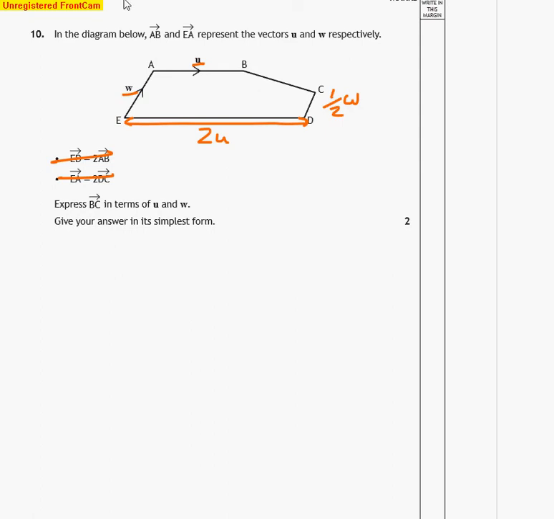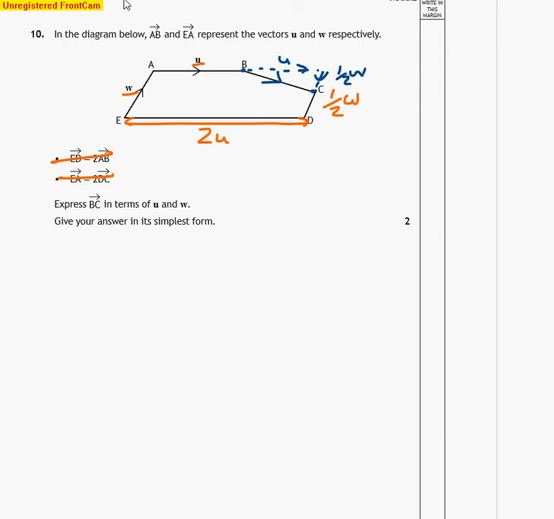So we need to express BC, this vector here, B to C. Now I can just kind of look at that and say, well, if this length AB is U, then I know that this length here is going to be U. If this height here is a half W, then I know this height down here is going to be a half W as well.